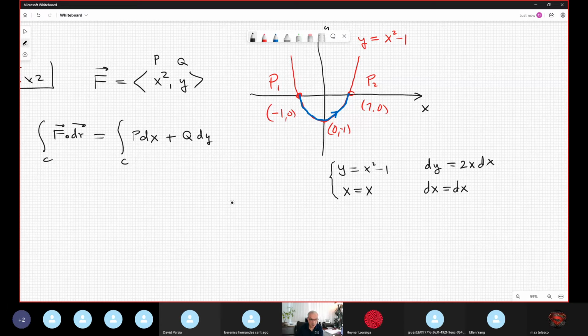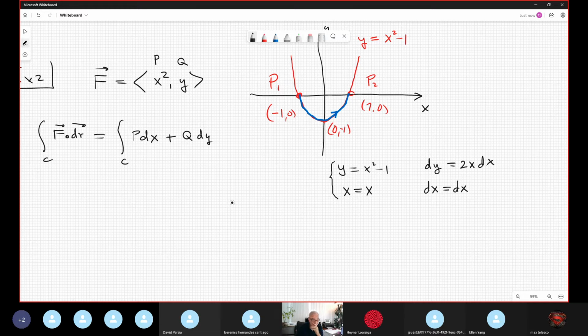Now we are ready to plug everything into the formula. Natural parameterization is my own name. You never see this terminology in the book; I use it in my lecture so students understand. You let me know.